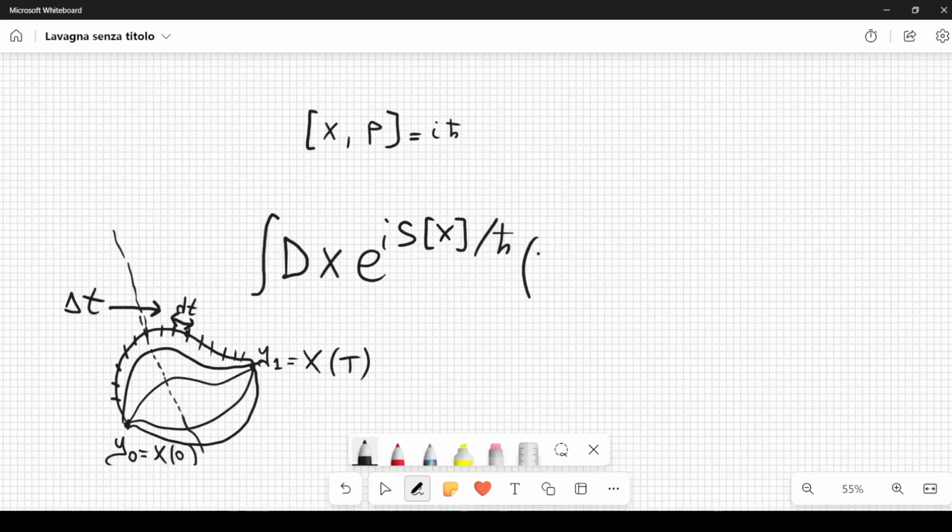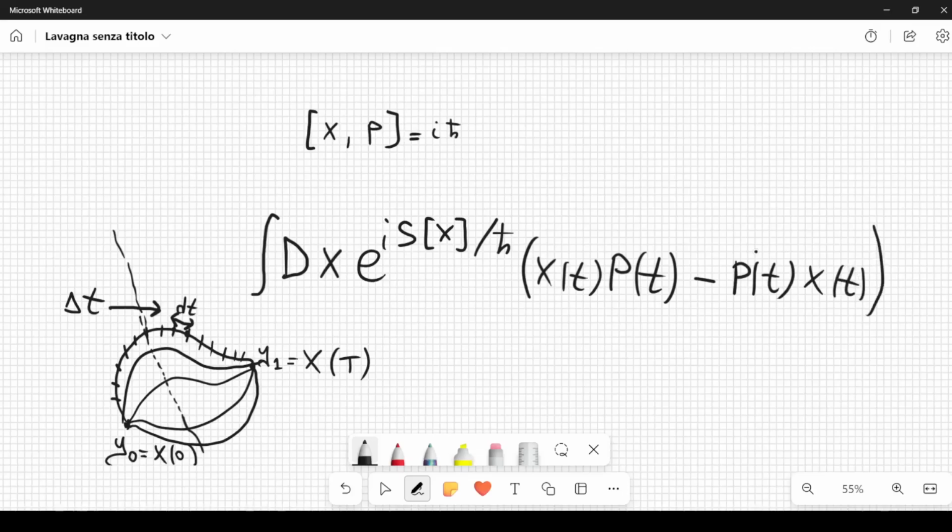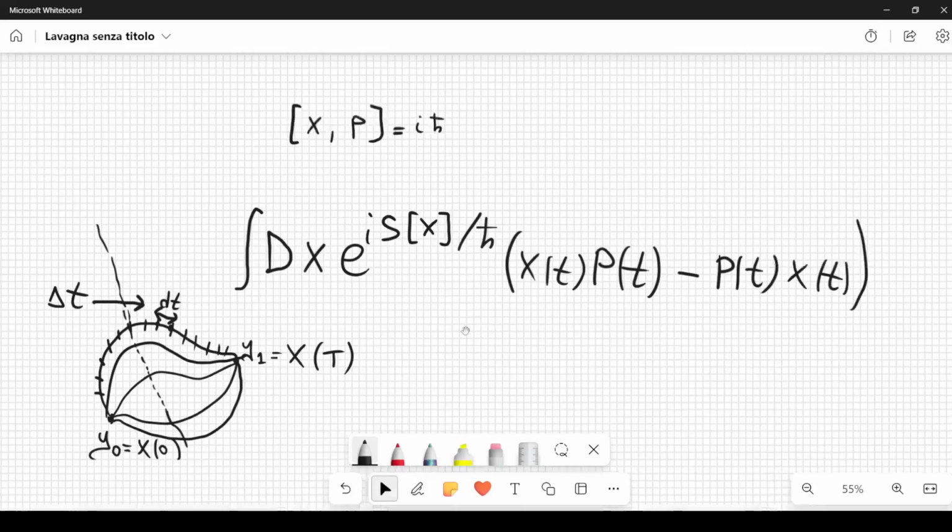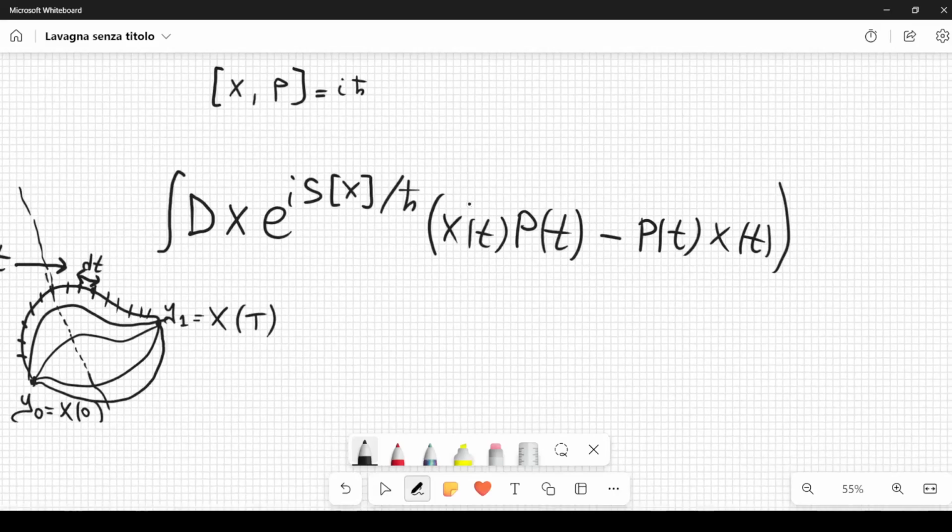So for example, we can have x of t multiplied by momentum p of t, and if we subtract p of t x of t like this, well, you have to think that we are going to get a zero result, right? Because in this case, inside this path integral, these are going to be just scalars. So when you're summing these scalars, you're going to get a zero result.